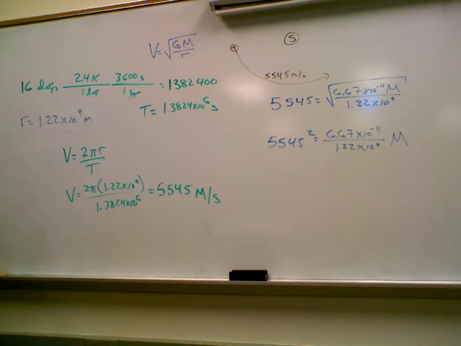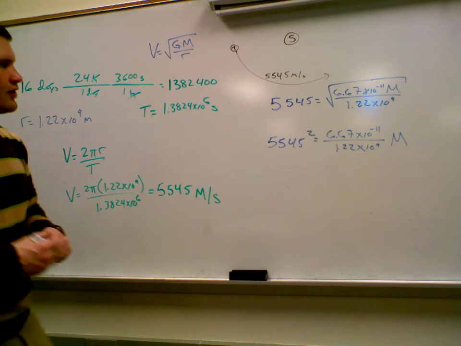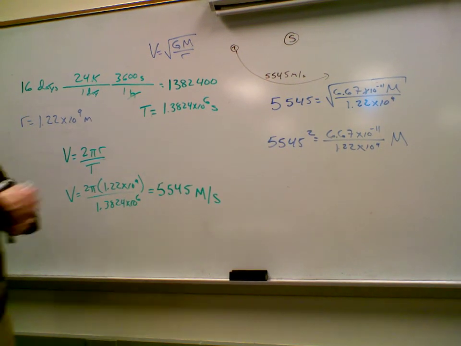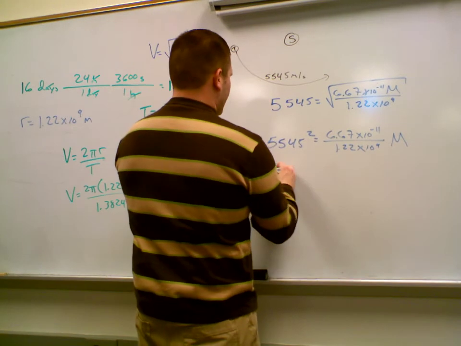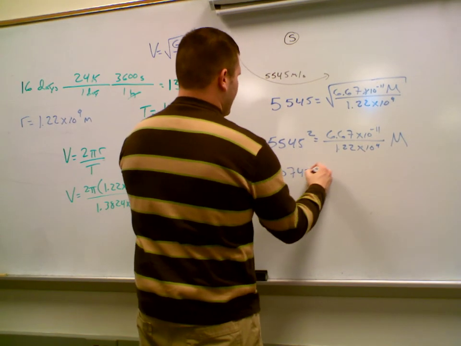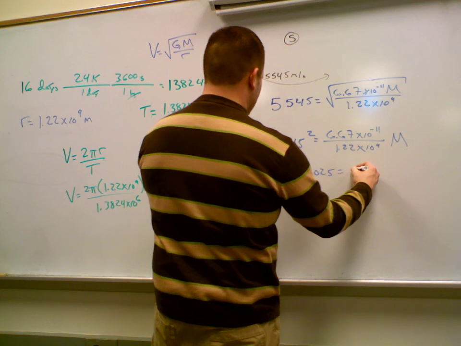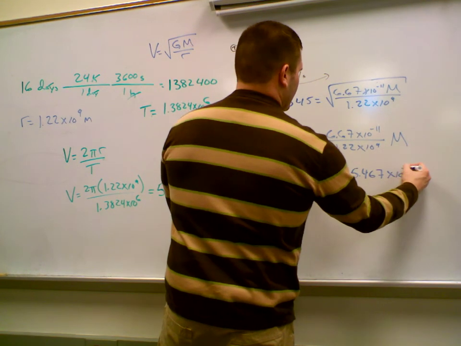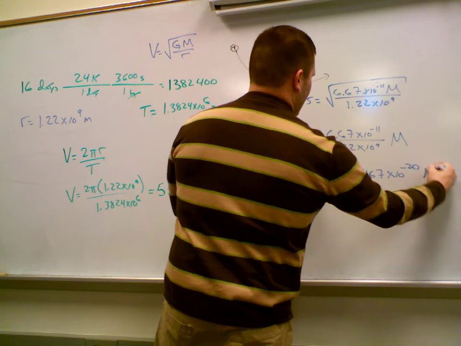So 6.67 e to the negative 11 divided by 1.22 e to the 9, and 5,545 squared. Lots of fun numbers. So I got 30,747,025 equals 5.467 times 10 to the negative 20th M.